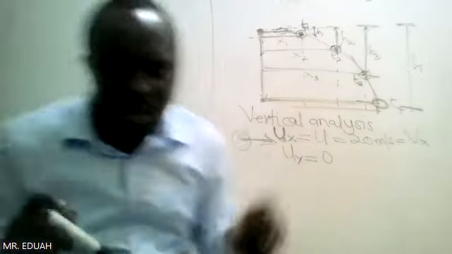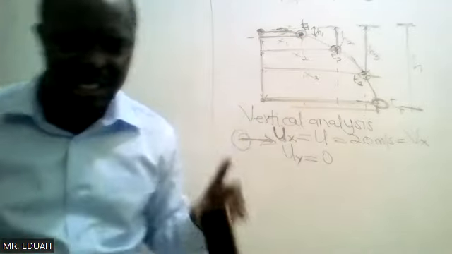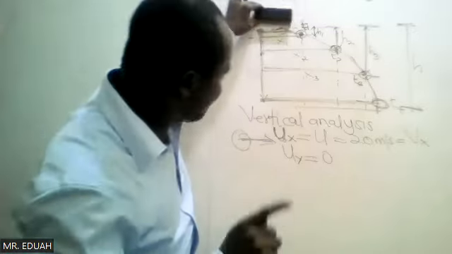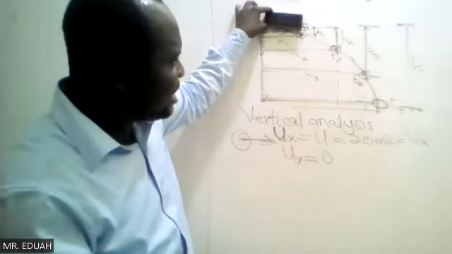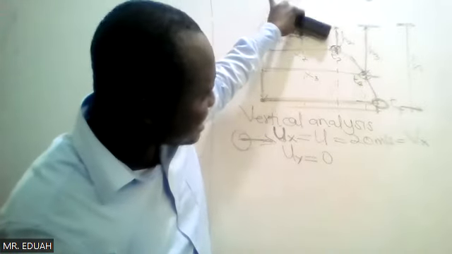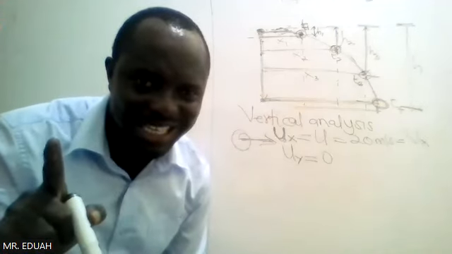Increasing, decreasing, which is which? Initially horizontal, but as time goes by, it will be changing because its direction will be bending towards the ground. Will it be increasing or decreasing?